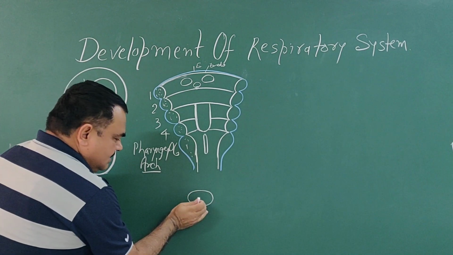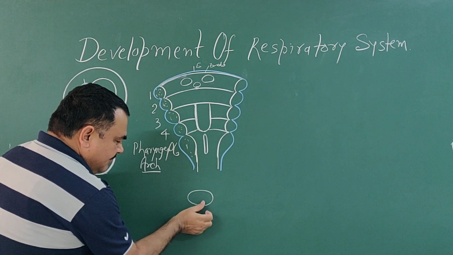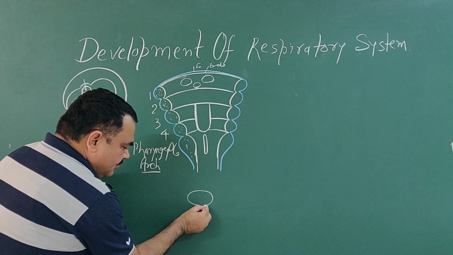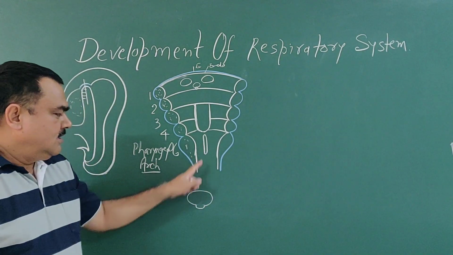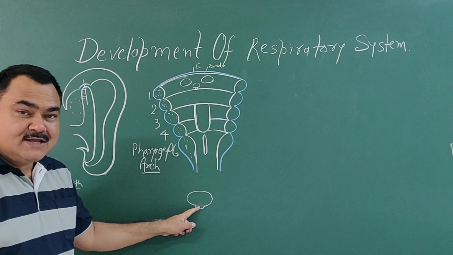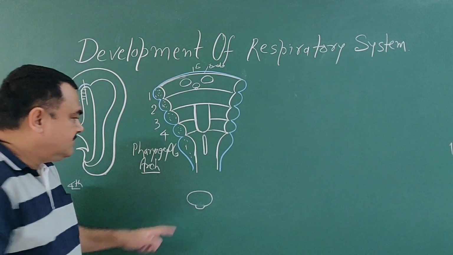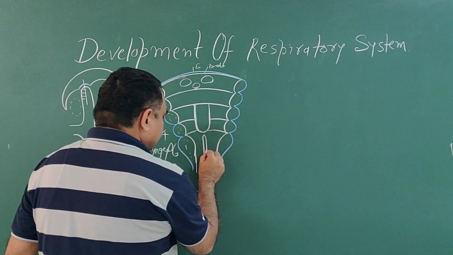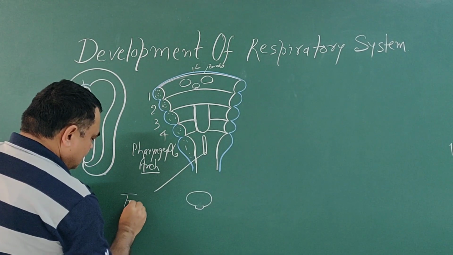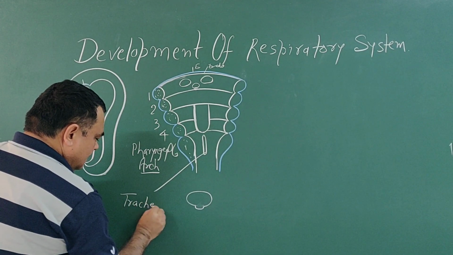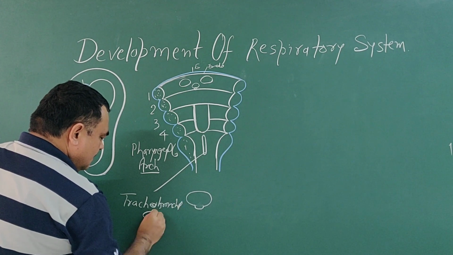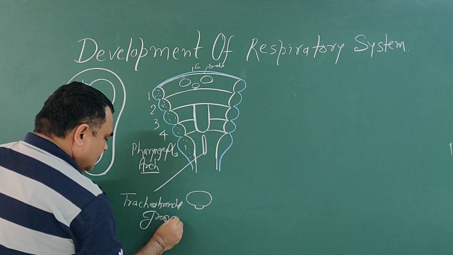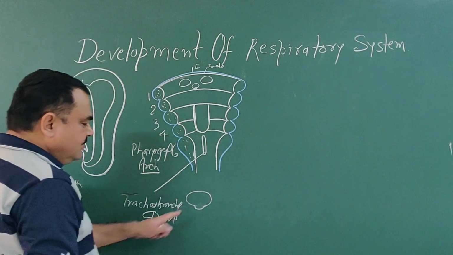If you see this in the diagram, here is the groove. From the surface, this is a depression, this is the groove. This is the tracheobronchial groove.